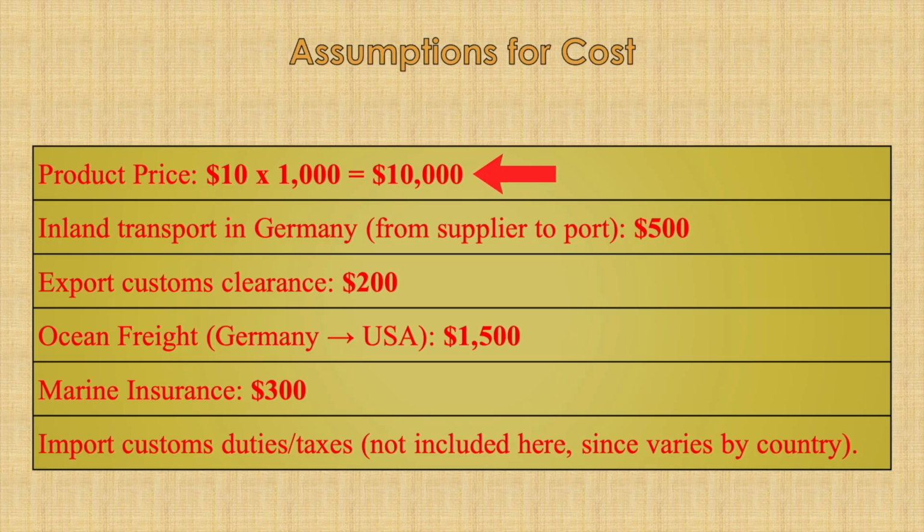Now let's add the other charges. Inland transport cost from the supplier's warehouse to port, $500. Export customs clearance cost, $200. Ocean freight cost, $1,500. Marine insurance cost, $300. Using these figures, let's compare the final cost under each IncoTerm.